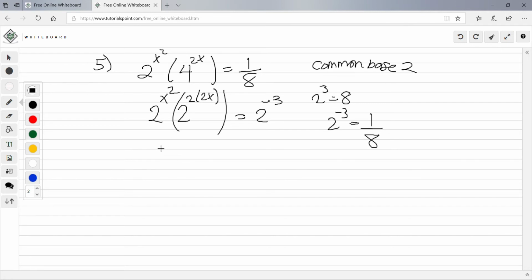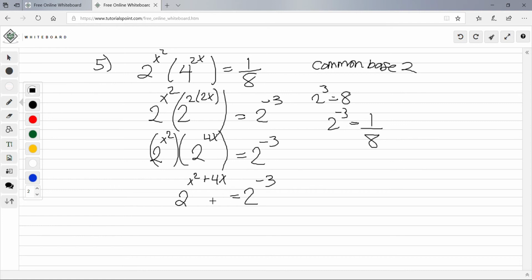Okay, so let's simplify. This would be 2 to the x squared times 2 to the 4x, because 2 times 2x is 4x, equals 2 to the -3. On the left, we're multiplying exponents, so you're really adding. So this is 2 to the x squared plus 4x equals 2 to the -3.